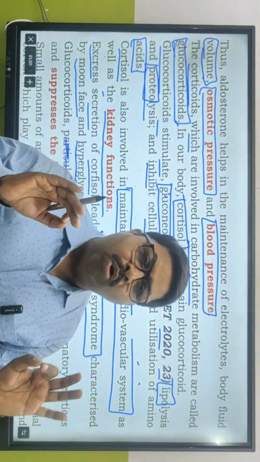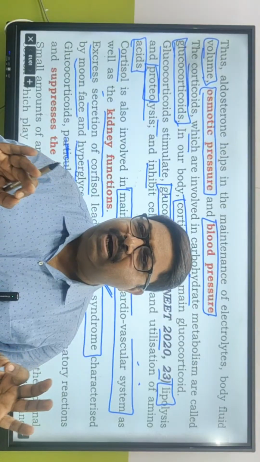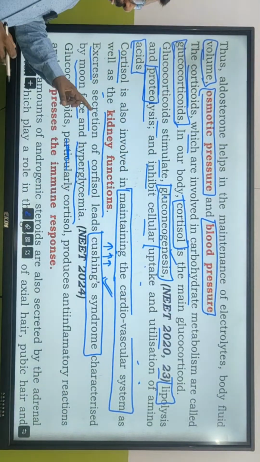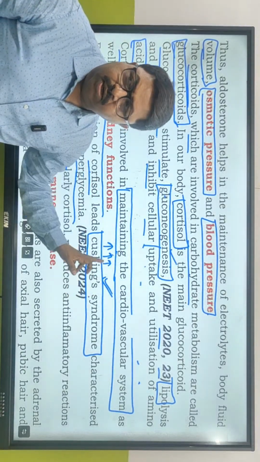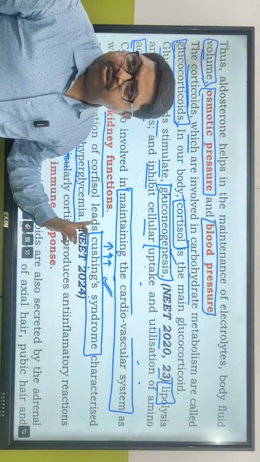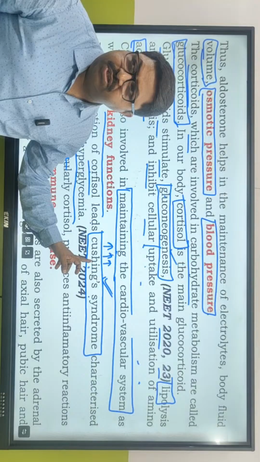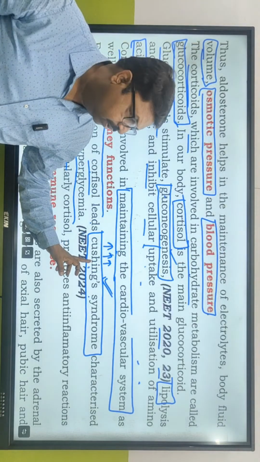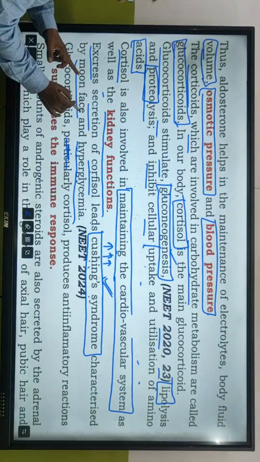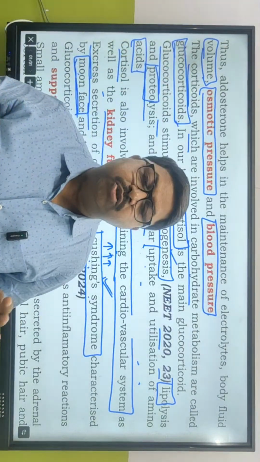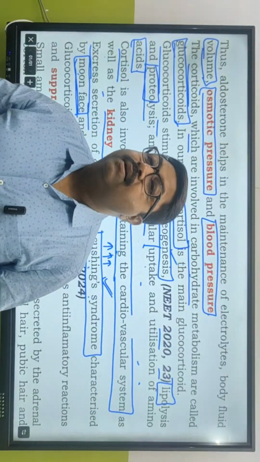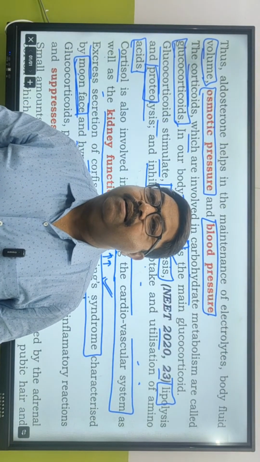So when there is a more amount of glucose in the blood, we call it hyperglycemia. सो कॉर्टिजोल का लेवल बढ़ गया, सो क्या होगा, कुशिंग सिंड्रोम होगा। हाइपर सिक्रीशन। ओके, कैरेक्टराइज्ड बाय मून फेस। ऐसा मून फेस कौन से क्रोमोसोमल डिसऑर्डर से हमें होता है? सिंड्रोम का मतलब क्या है?